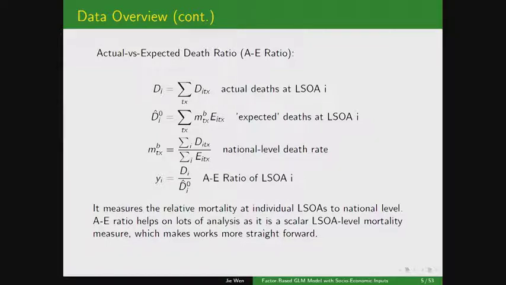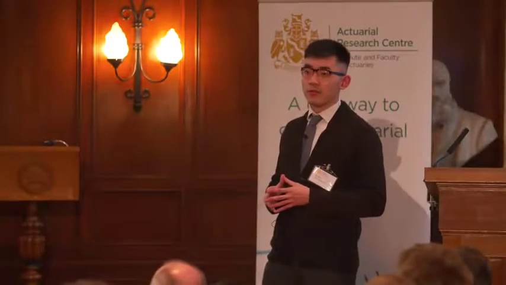Any LSOA having Y_i significantly larger than 1 or smaller than 1 has big mortality variation from the national level. And the most important advantage of this measure compared to d(i,t,x) and e(i,t,x) is that this is a scalar variable at LSOA level. So each LSOA only has one number, which is more convenient for some of the multivariate analysis according to the socio-economic factors.